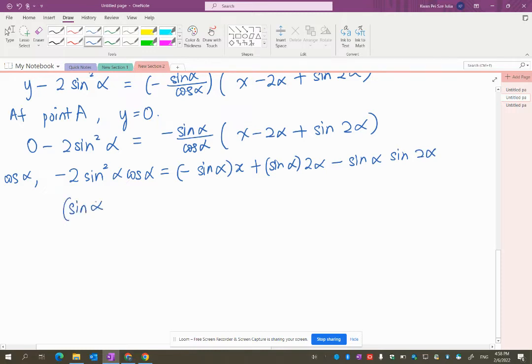So let's isolate the x term. Okay, so let's do a check for algebraic manipulation first.